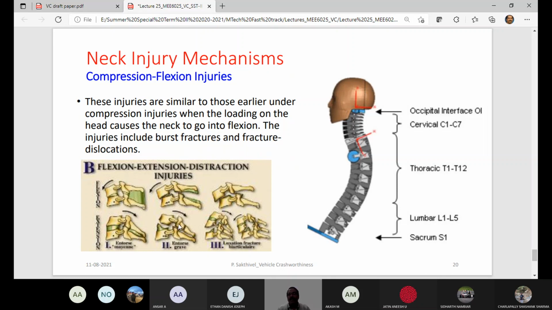What's happening here? The ligament gets torn completely. See, this is the ligament that gets torn. So what would happen after that? There is a rupture, so that's breaking, and this element is disconnected. If something goes out of that series, T1 to T12 or C1 to C7, that's going to be life-threatening.